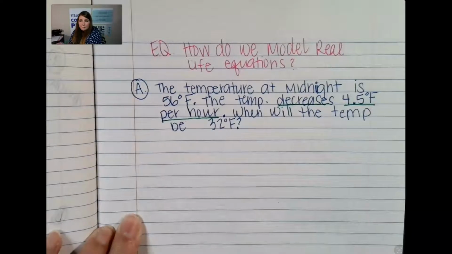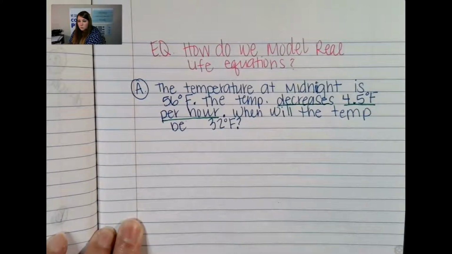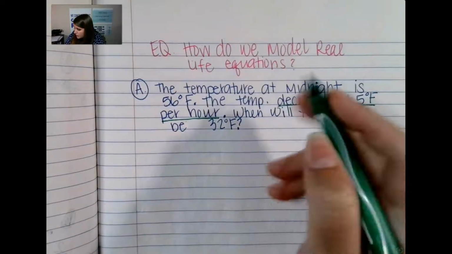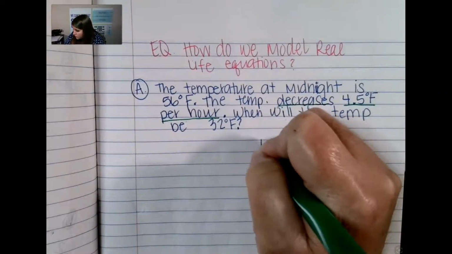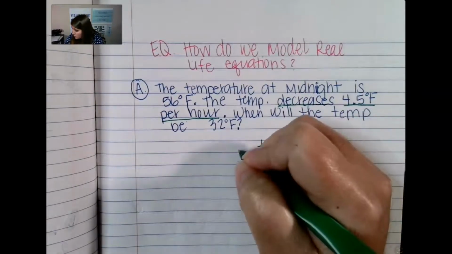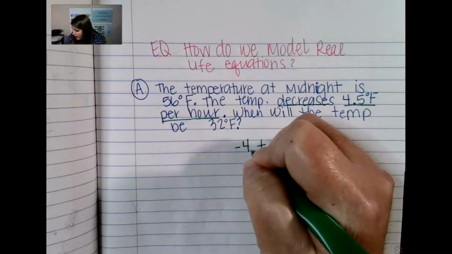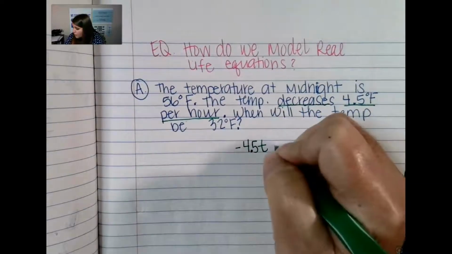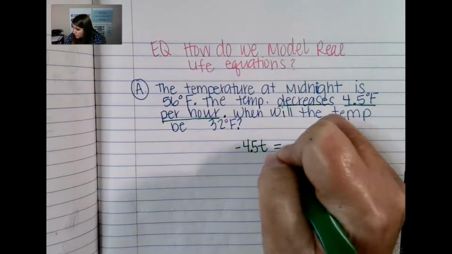So we're going to have to do the opposite to start with, which is multiplication. So let's use T for temperature, and it's decreasing 4.5 per hour. So let's go negative 4.5 every hour. What do we put for the equals though?